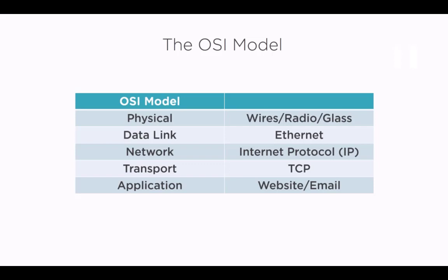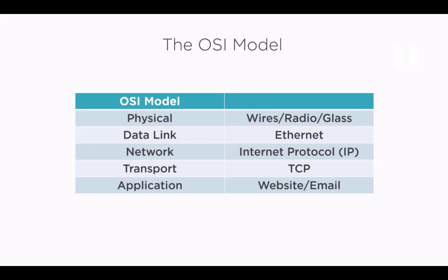The second layer from the bottom of the OSI model is called the data link layer. The data link layer is associated with communication within the same network. For example, it deals with the physical address or MAC address of the communicating device. I will describe this concept in detail in my upcoming video.